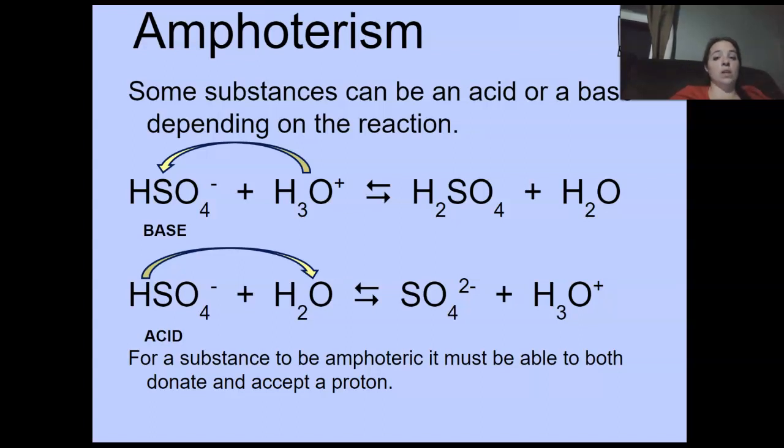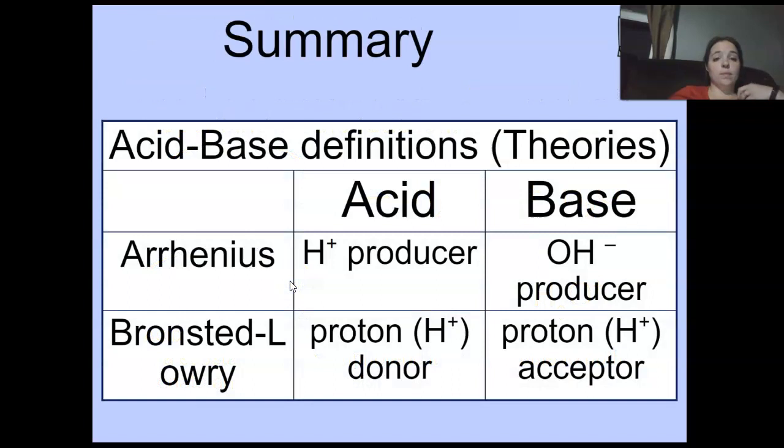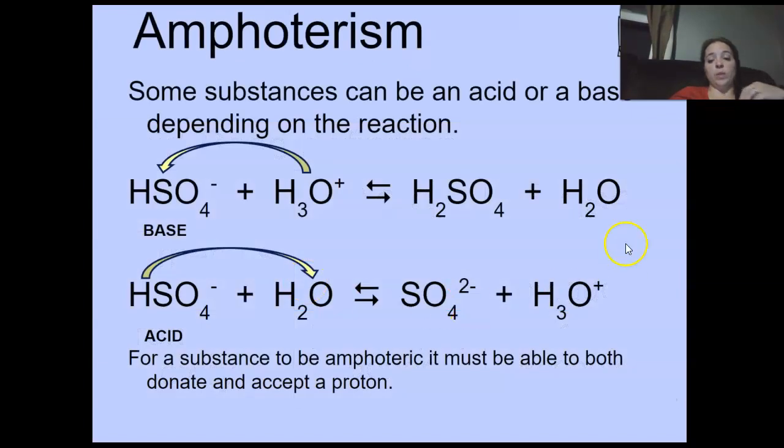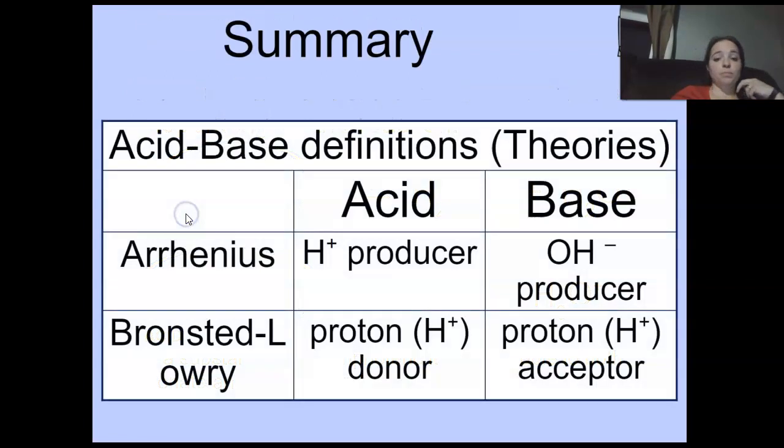So what I would think is amphoteric would be water and ammonia. So let's look at, yes, we saw that right here. Water, depending on what it's combined with or how it's put with it, will either be an acid or a base.